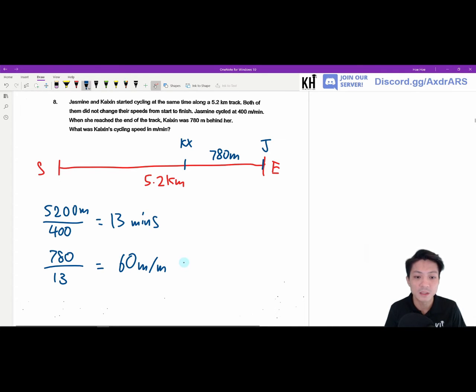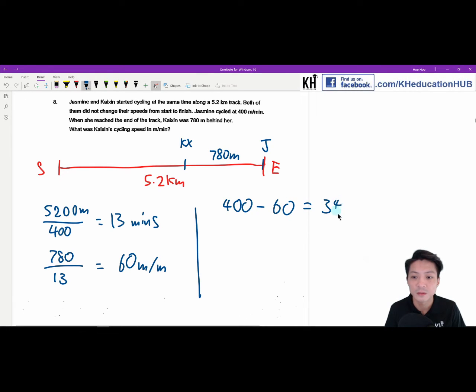This is basically the additional speed at which Jasmine is traveling. So in order to find Kai-Sing's speed, we will need to use 400 minus 60.